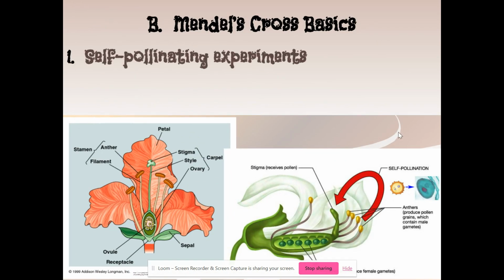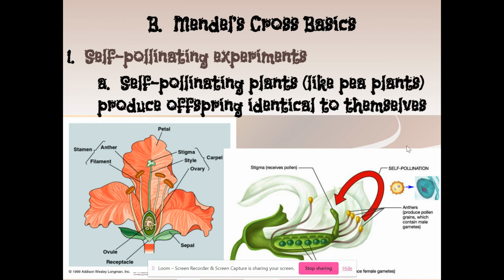So this is how Mendel started, and let's go ahead and click here. He started with what are called self-pollinating experiments. So self-pollinating plants, like these pea plants, produce offspring identical to themselves.